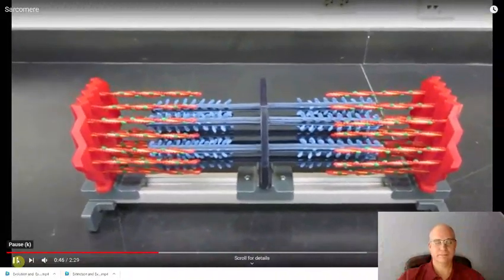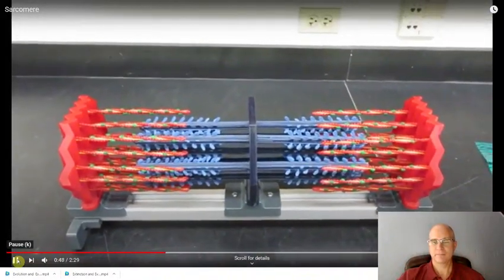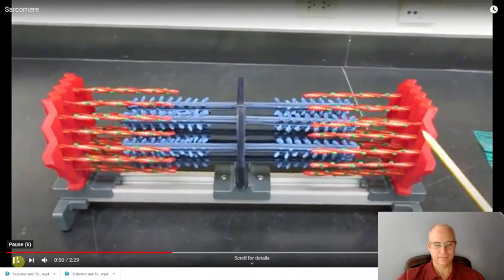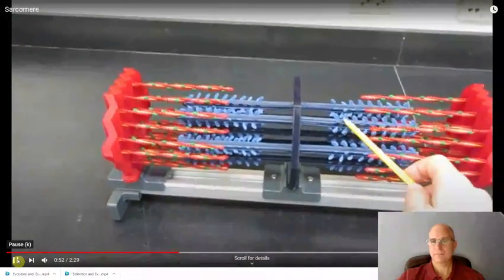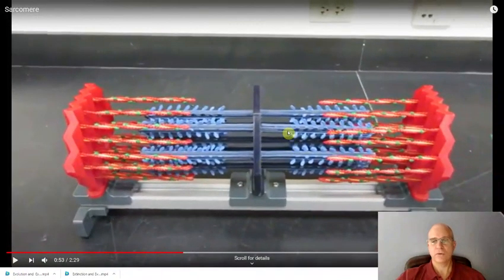Now, the striations, these light and dark bands that the muscle has, are a result of these thin and thick myofilaments. So they're representing the thick or myosin myofilaments in blue, the thin or actin myofilaments in red, and you can even kind of see some of the myosin heads sticking out on the thick myofilament.